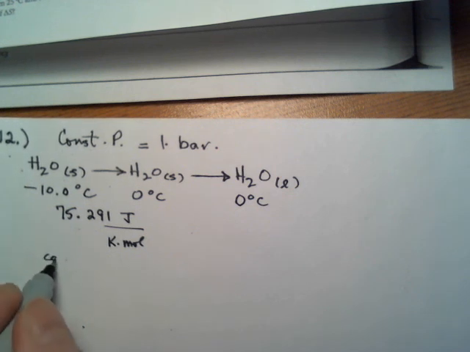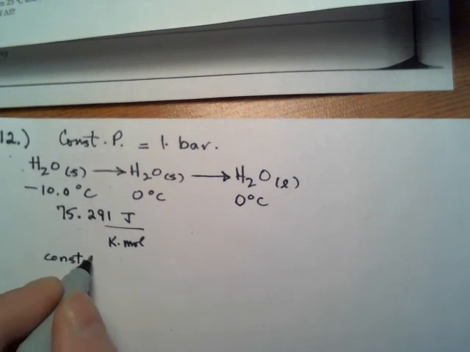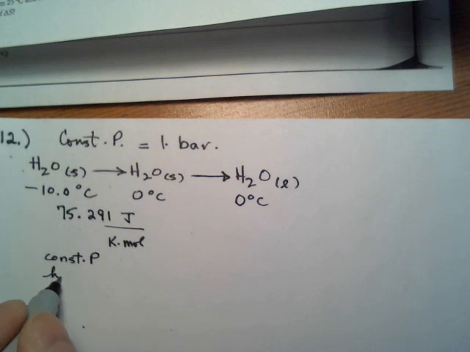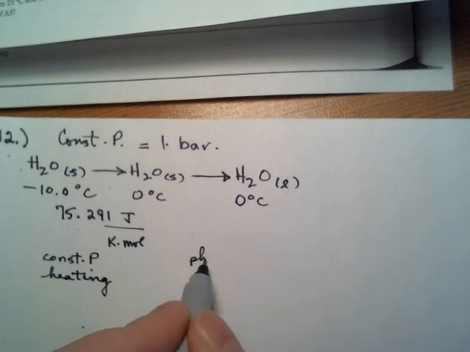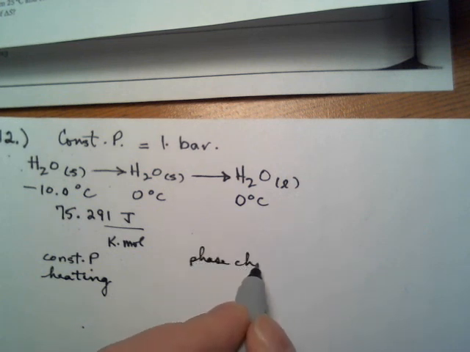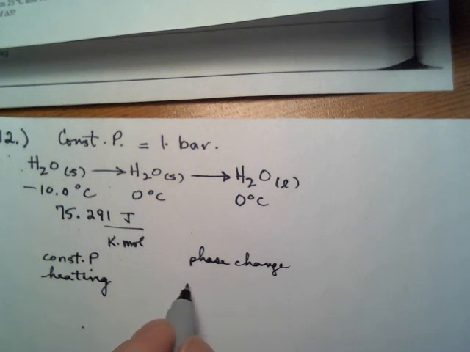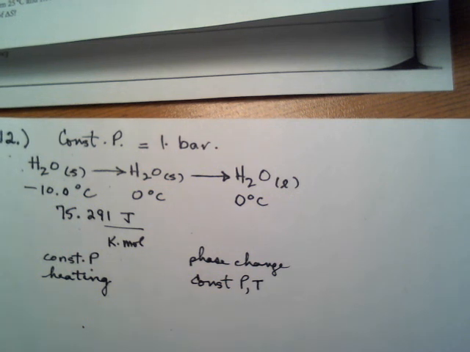Again, because it's a tutorial, this would be constant pressure or isobaric heating. All right? And over here, this is a phase change. And it's a phase change from the solid to a liquid. And as a phase change, it's therefore occurring at constant pressure and temperature. The temperature of the phase change, in this case, the melting point.